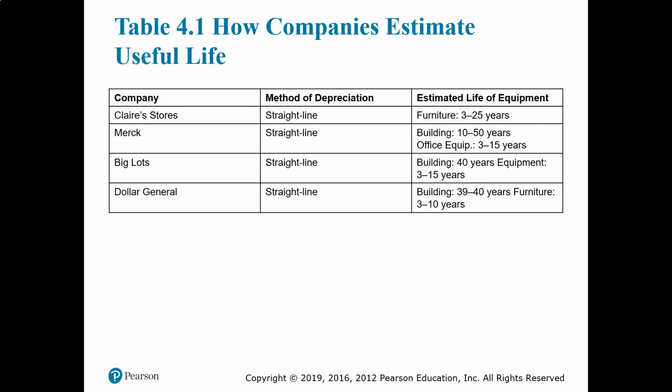And like for Dollar General, the building is 39 to 40 years and furniture 3 to 10 years. Okay, so you don't need to know these estimated lives. These are just examples for your information. So it's just kind of interesting how long everything depreciates. But generally, even in financial accounting, you'll be given the useful life of the equipment to figure that out.